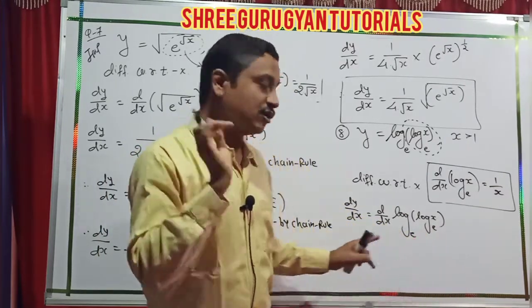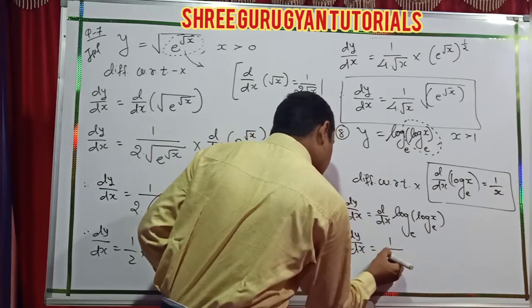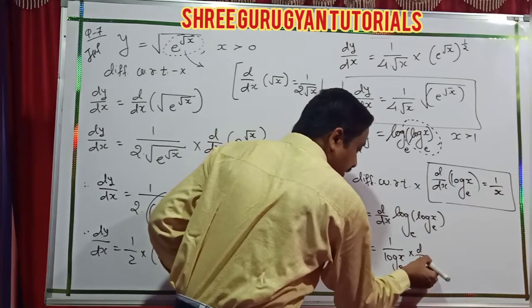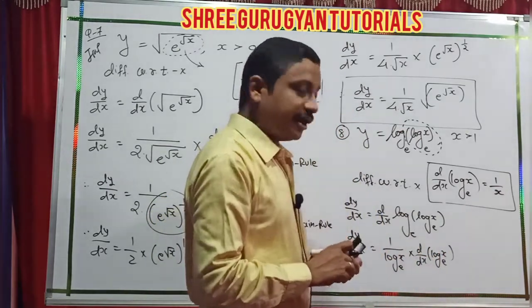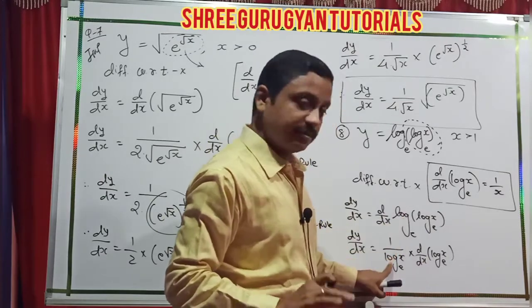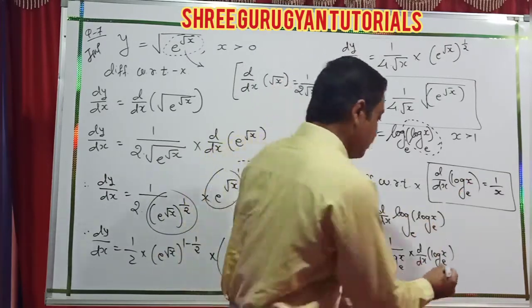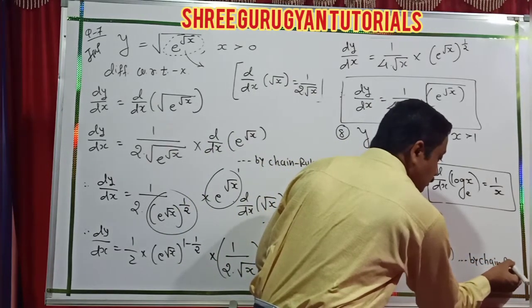So what is the first log derivative? dy by dx is 1 by log x and then the derivative of log x. Students, why did I write the derivative of log x? Because the inner function is the same, so by chain rule.